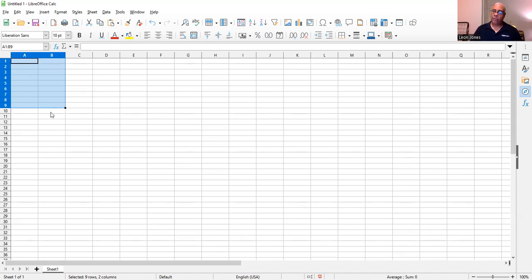I'm out in the field. I've gone out and I've measured a road surface. Let's say I measure 1,000 feet of road, and the width of the road is 12 feet.